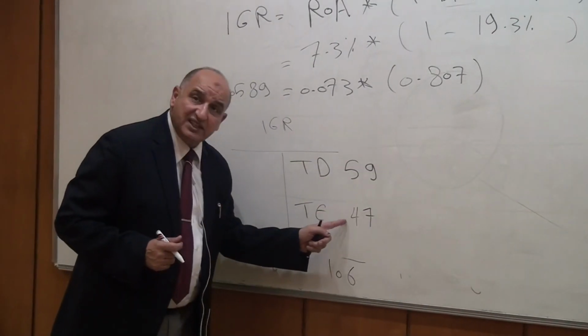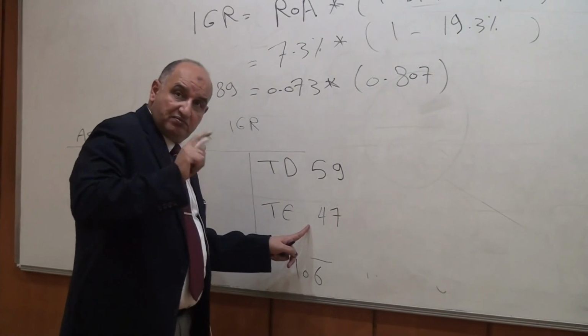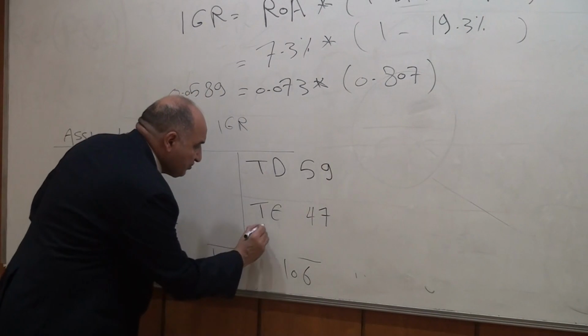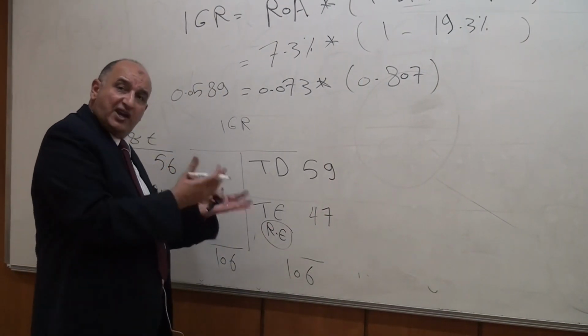But this increase in equity will not be by issuing shares. There is no external money. So it is from the retained earnings. Because we have retained earnings, we add it to this one.